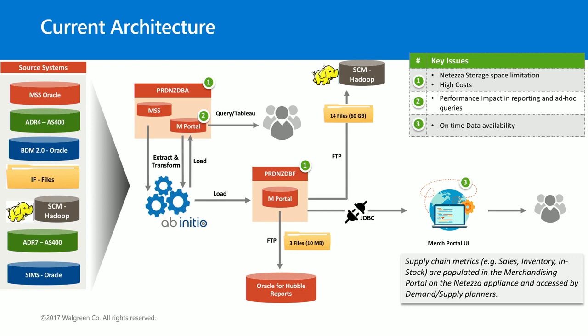Then we feed it into our Netezza box called NCDBA, and that's where we do all of our batch processing. And then we have the Netezza app, as you see below, which is fully dedicated to hosting our web application so that we can ensure high availability.